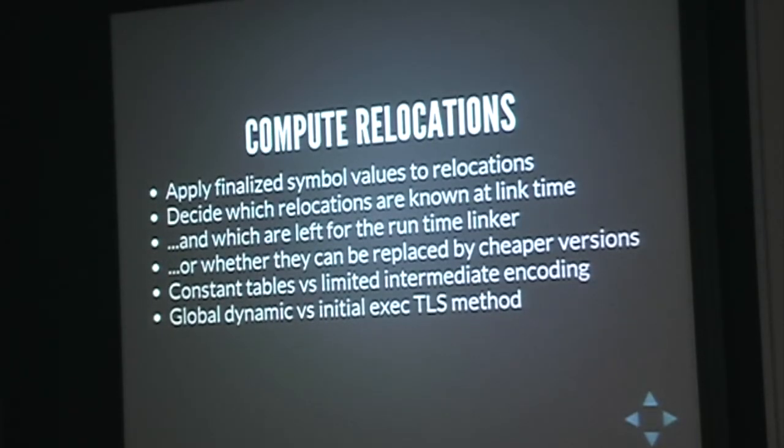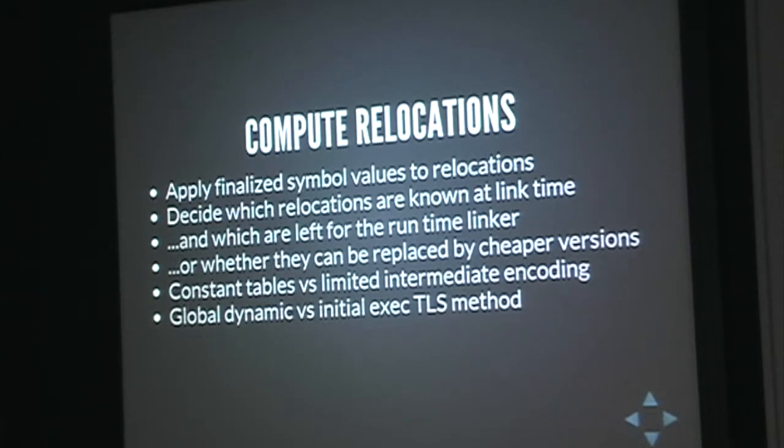So now that we know where every chunk of code is going to appear, we can apply our knowledge of the symbol values and adjust relocations as necessary. A relocation basically says I want to use the difference between my current position and this symbol, or I need the position of this symbol at this place.